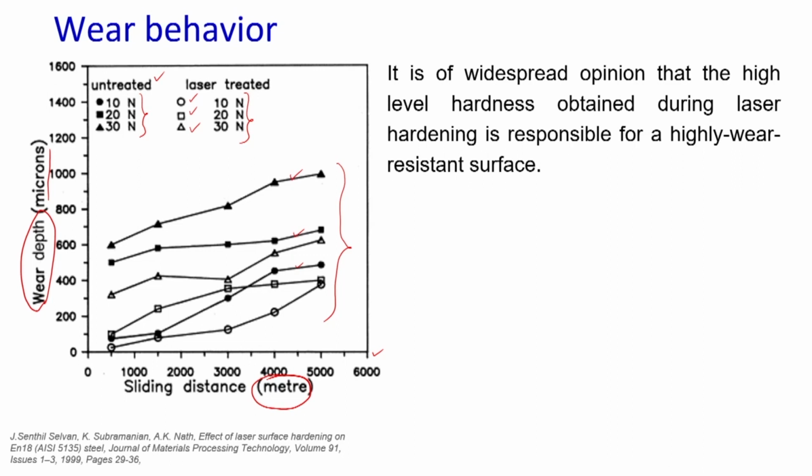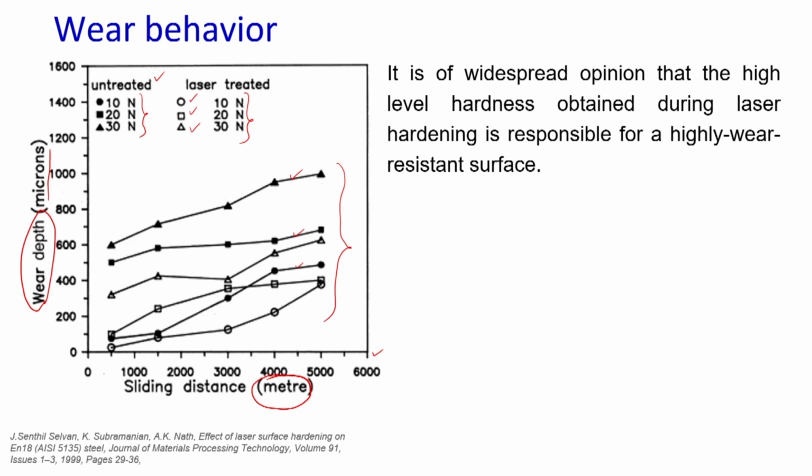In comparison with this, if you just look at the points or the graphs with empty circle, empty square and empty triangle, the wear depth values are low for all these cases.